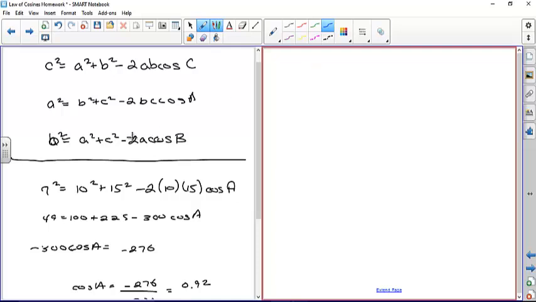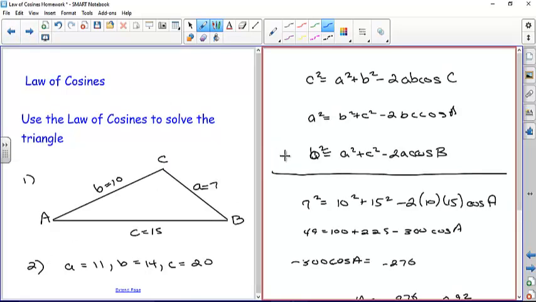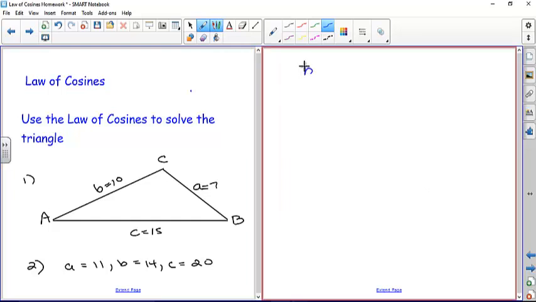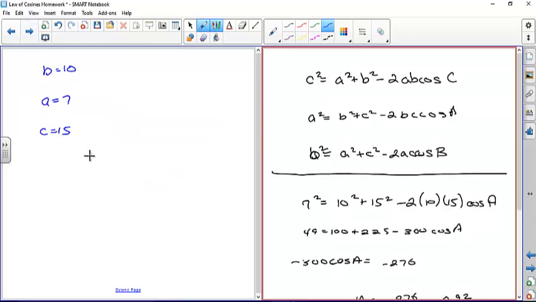So if we use this equation, and I've already forgotten what the numbers are here, so let's write these down. What I'll do is insert a page here. B equals 10, A equals 7, C equals 15. So we'll use this one.